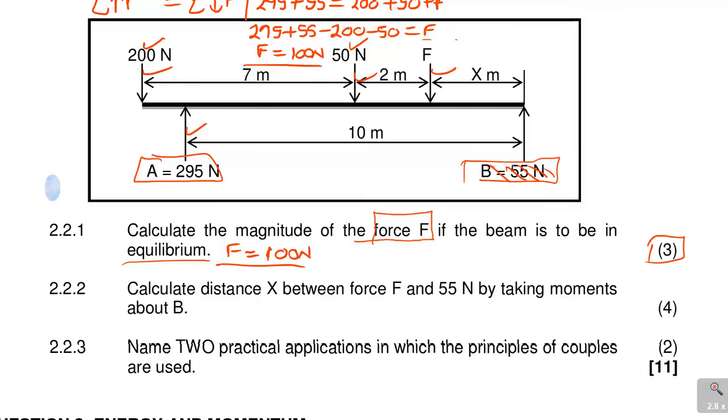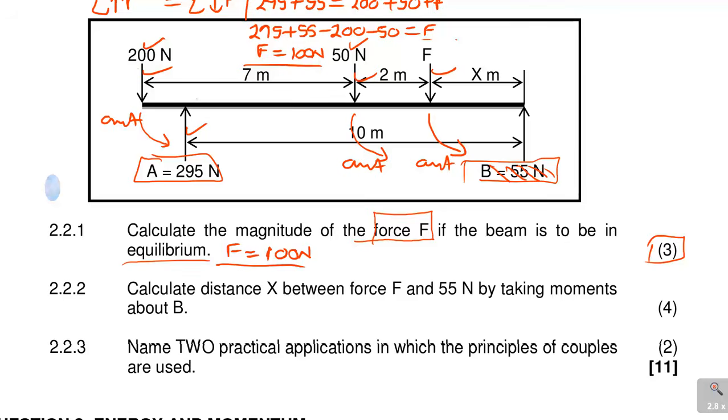So let's start with the forces that are facing down. You can see about B, it will make this beam go in this direction, which is anti-clockwise. Even this force will do anti-clockwise. Even this other force, it will produce an anti-clockwise.